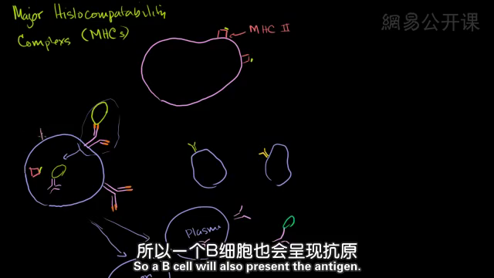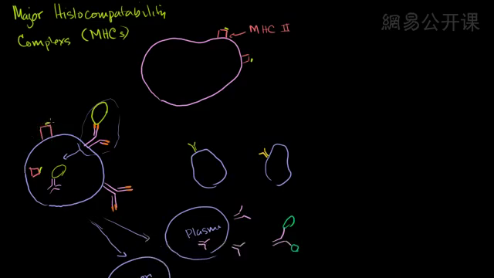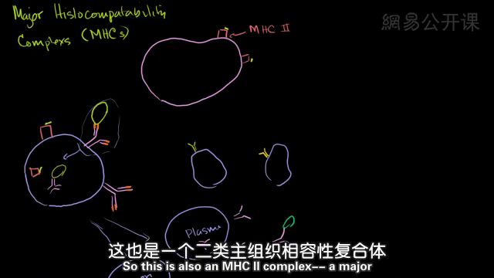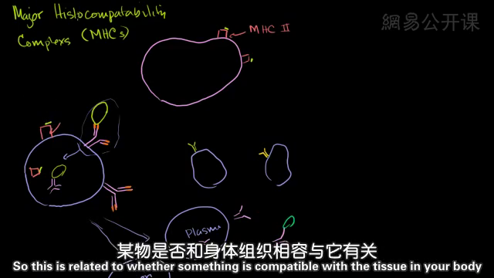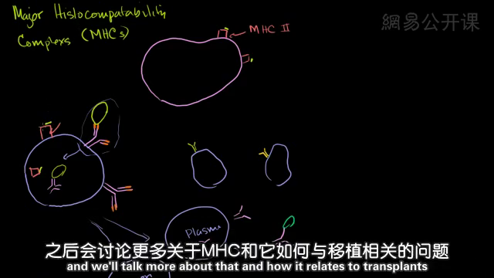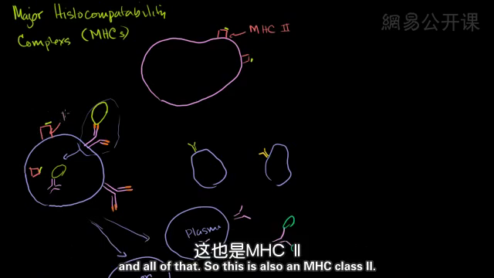So a B cell will also present the antigen. This is an MHC2 complex, a major histocompatibility complex. And just so you know, histo means tissue, so this is related to whether something is compatible with the tissue in your body. We'll talk more about that and how it relates to transplants. So this is also an MHC class 2.